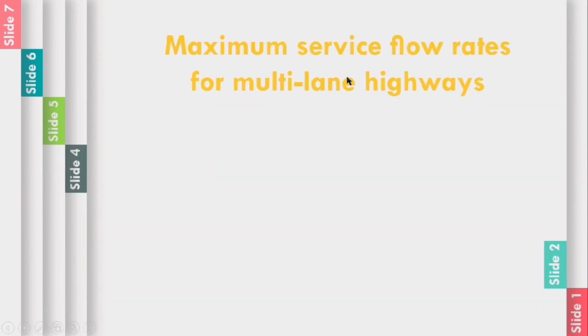Maximum service flow rates for multi-lane highways. The highway capacity manual generates maximum flow values obtainable on a multi-lane highway given a certain speed limit and prevailing level of service.